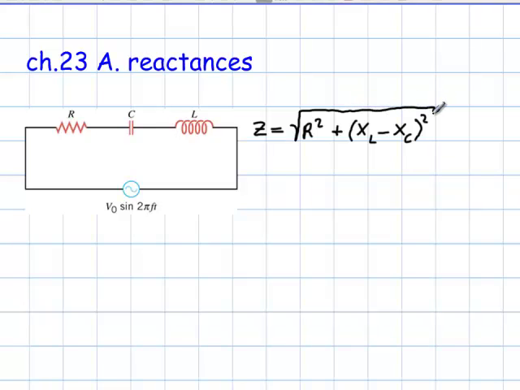All of these are in ohms. If this is ohms, then this has to be in ohms here as well, and then taking the square root of the square means the impedance is in ohms.